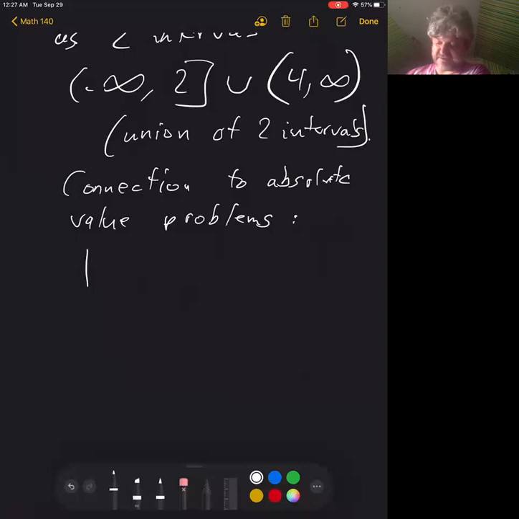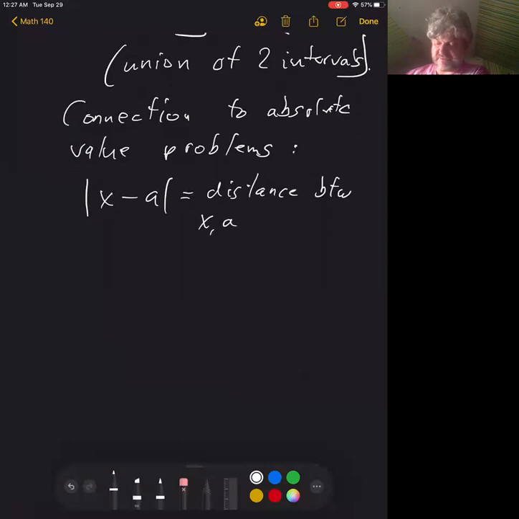The absolute value of x minus a is the distance between x and a on the number line. So if you're looking at absolute value of x minus 2 less or equal to 3, we can say that's all the x's which have a distance from 2 less or equal to 3.